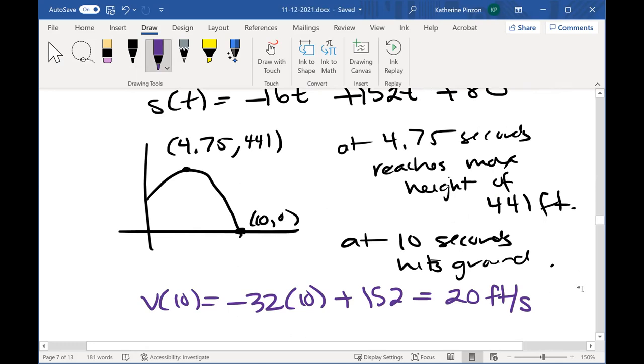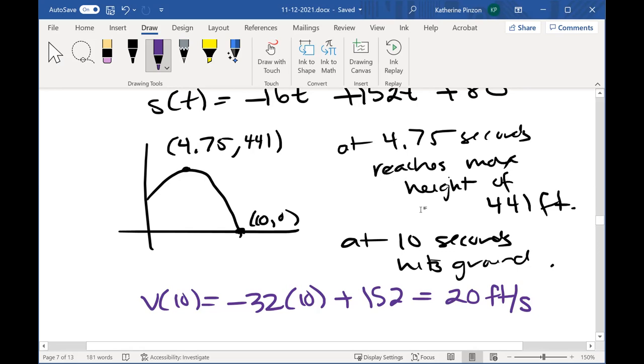Other questions? How did you get that 20 feet per second?